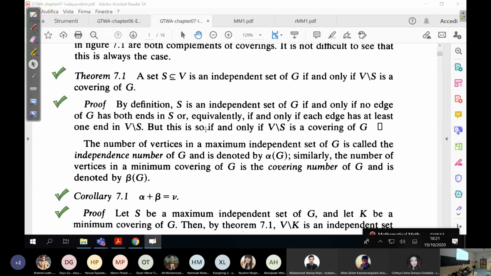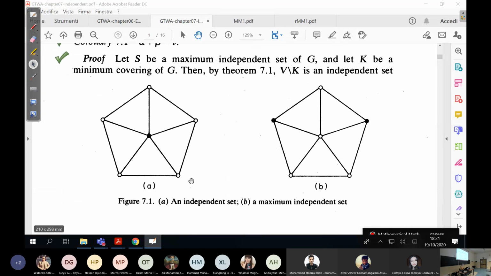Let's have a look here. Here we have an independent set. Again, look at the way the mathematicians do. Look at these extreme situations. Let's say I wake you up at 3 in the night, on Wednesday, because on Saturday maybe you are still awake at 3 in the night.